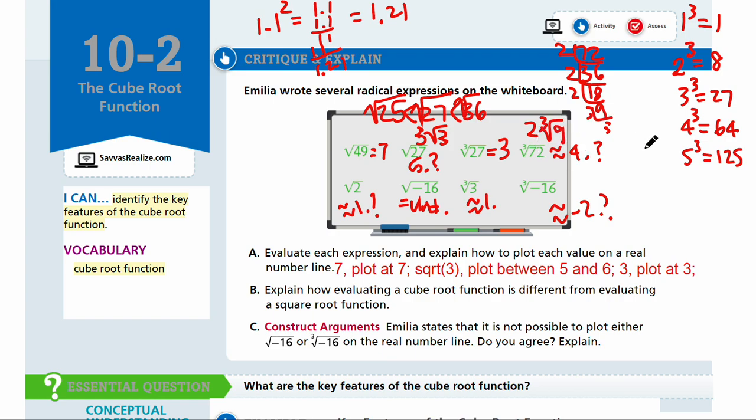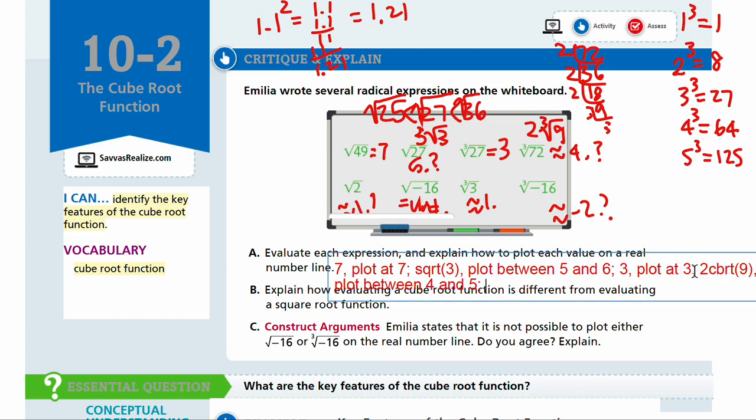So 9 is not factorable. This is not a square root, so you cannot take it out of the radical. So again, this one is 2 cube root of 9. So plot between 4 and 5.